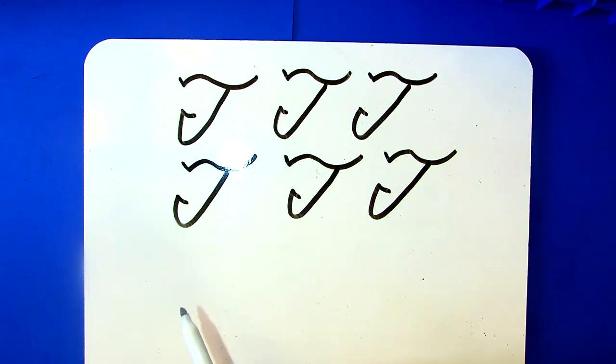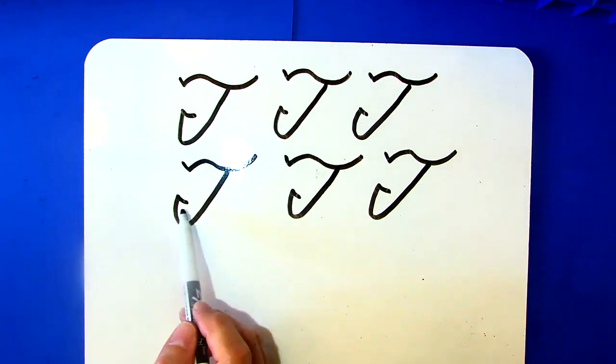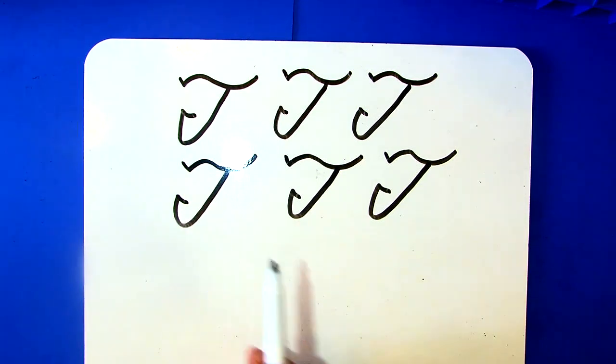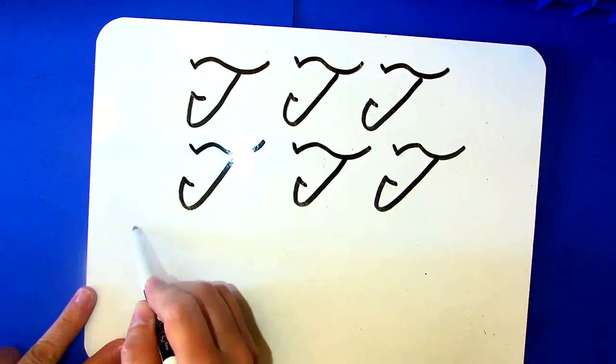And if you guessed you're not going to connect this to other letters in words that start with uppercase T, you're right, because it ends over here, so you can't. Let's write some days of the week.